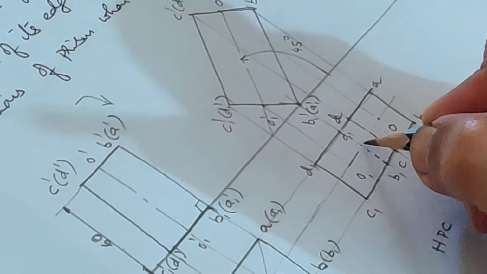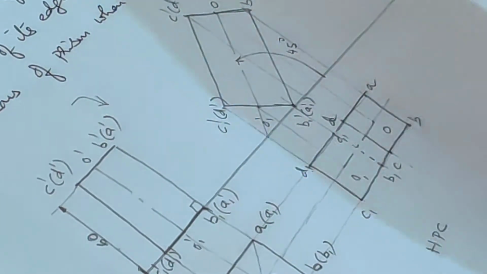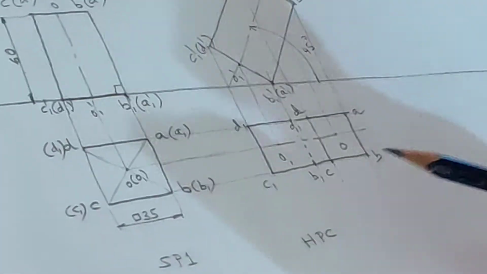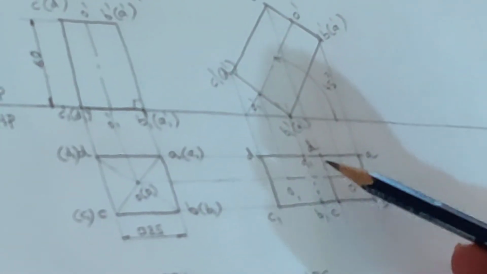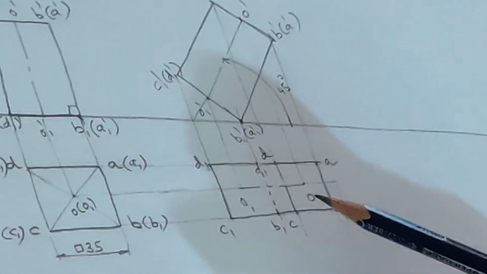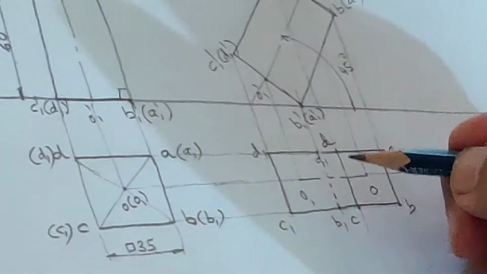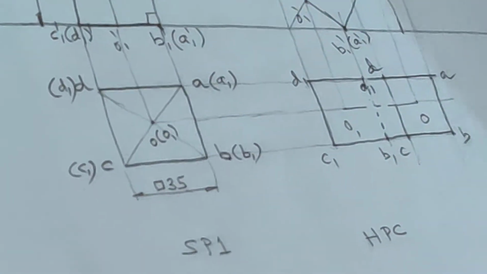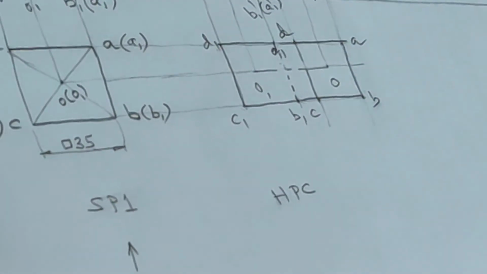Chain line also is a thin line, not a dark line. Axis should be a thin line. That completes the view. So there is one edge here which is invisible to the observer. It is A1, B1. This point is A1. Done. I have satisfied my HP condition.